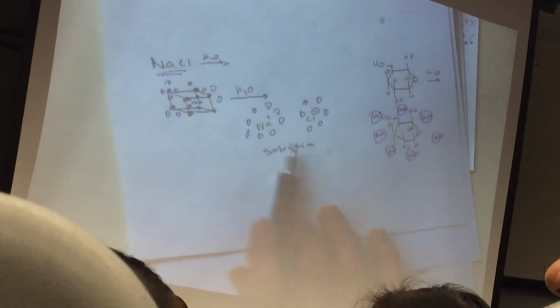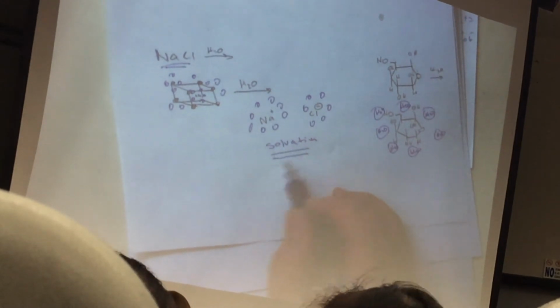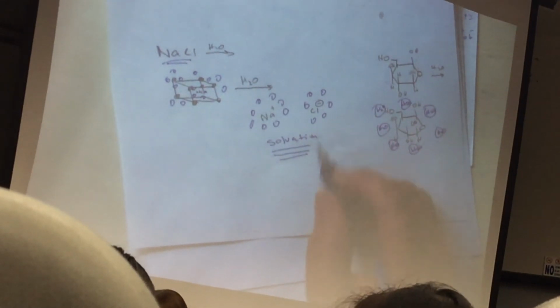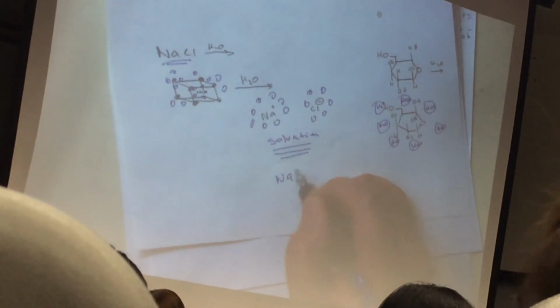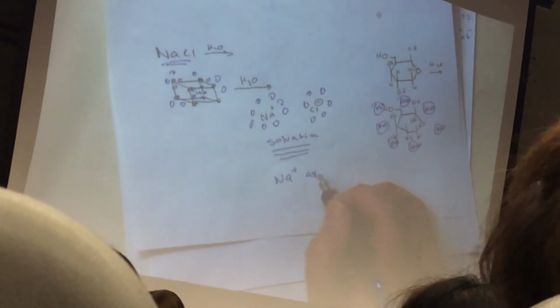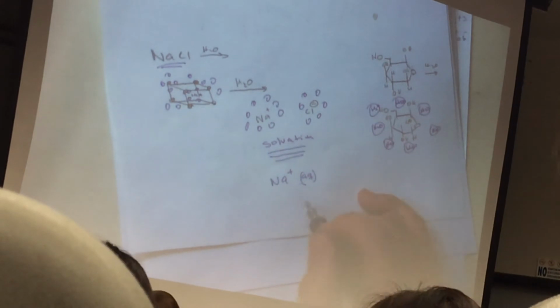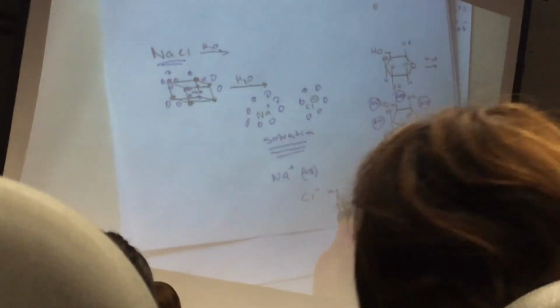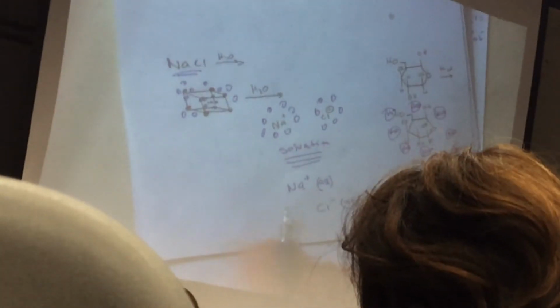And when they separate, they are now solvated individual ions, and that means that they are Na+ aqueous, because now they're being solvated, and Cl- aqueous. This is a salt going into water that you determine to be a strong electrolyte. So it ionizes 100%.